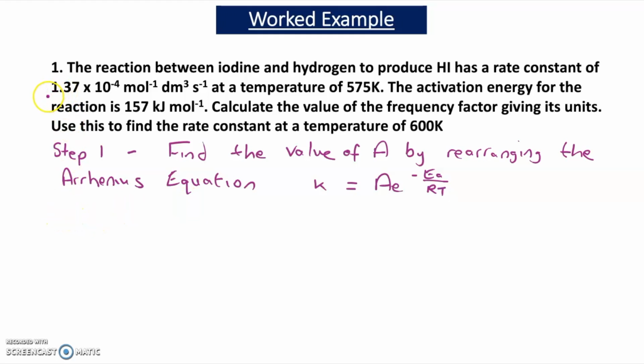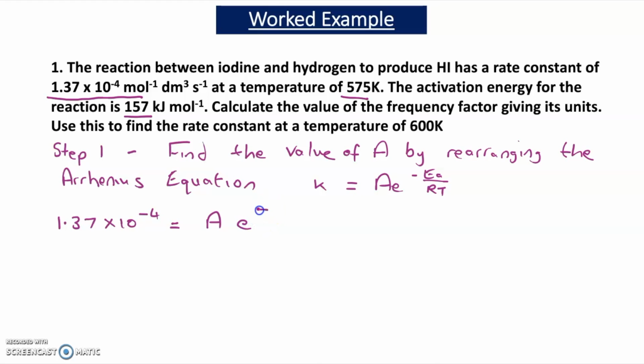Now if we substitute the values that are given to us in the equation, k is equal to 1.37 times 10 to the minus 4. The activation energy Ea is 157 kilojoules per mole. Now that has to be put into joules.